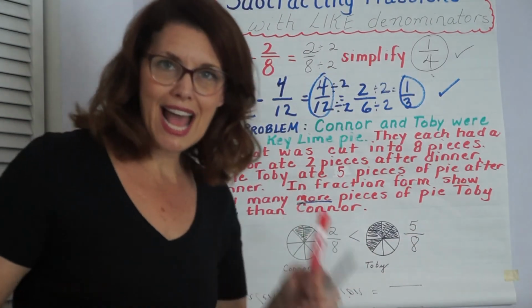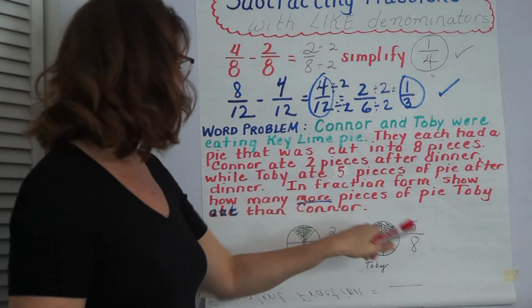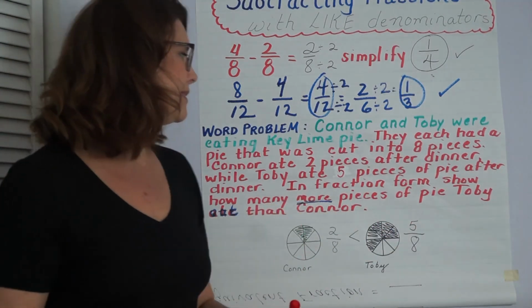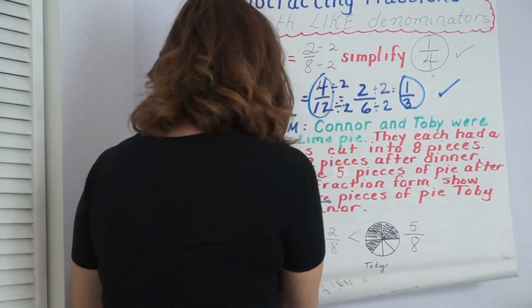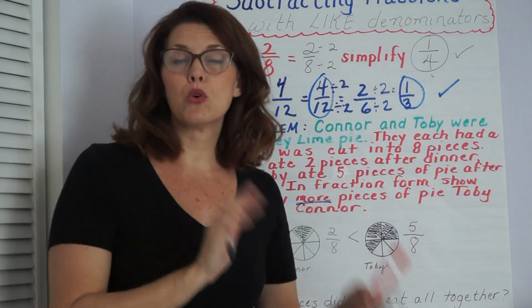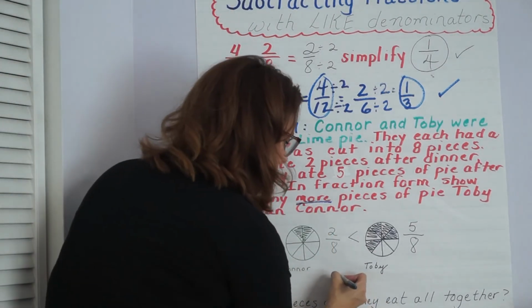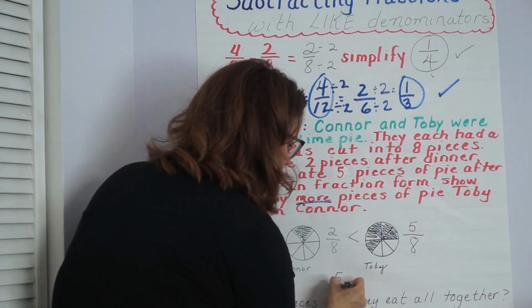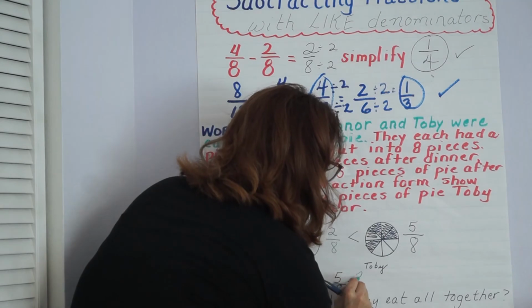But the question didn't ask you to compare the two, it asked you how many more pieces of pie did Toby eat than Connor? So we need to do what? Daniel already told us, when we find the difference or when we find out how many more somebody had, we subtract. That's right. So down here, I'm going to subtract 5/8 minus 2/8.